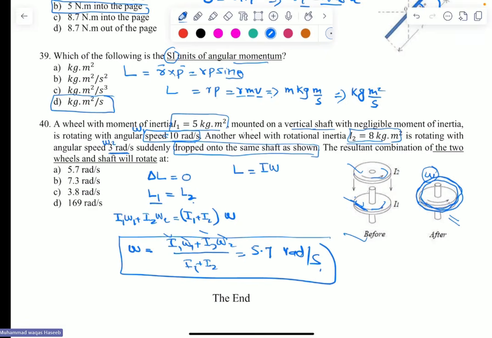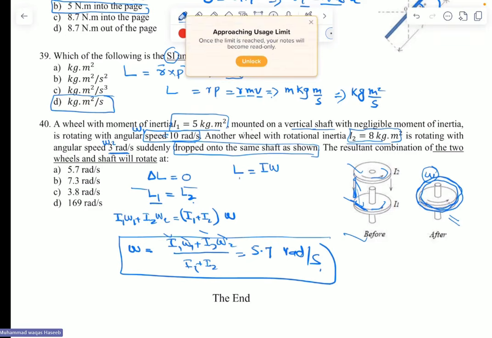So in that case, we need to apply the conservation of angular momentum. Because they are colliding, the angular momentum before and the angular momentum after are equal.